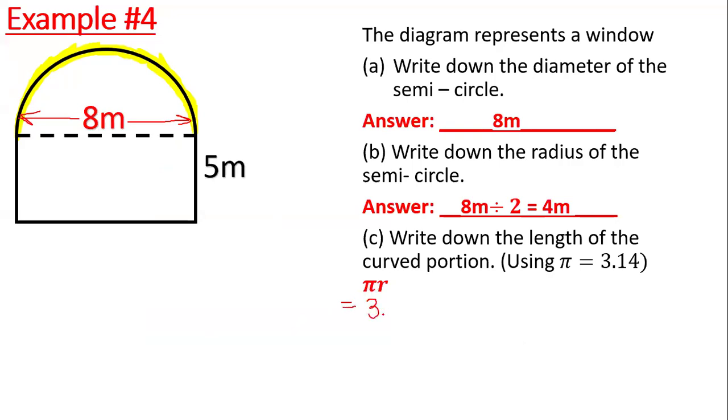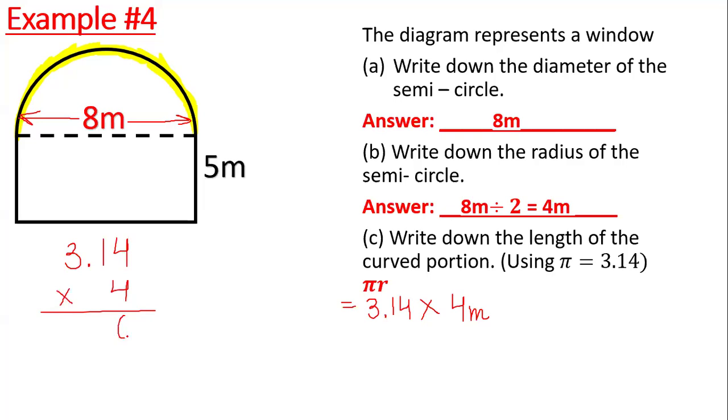So it's gonna be what? 3.14 times 4. Very good. Why are we using 4? Because 8 divided by 2 is 4. Because 4 is the radius. So it's gonna be 3.14 multiplied by 4. 4 times 4 is 16.